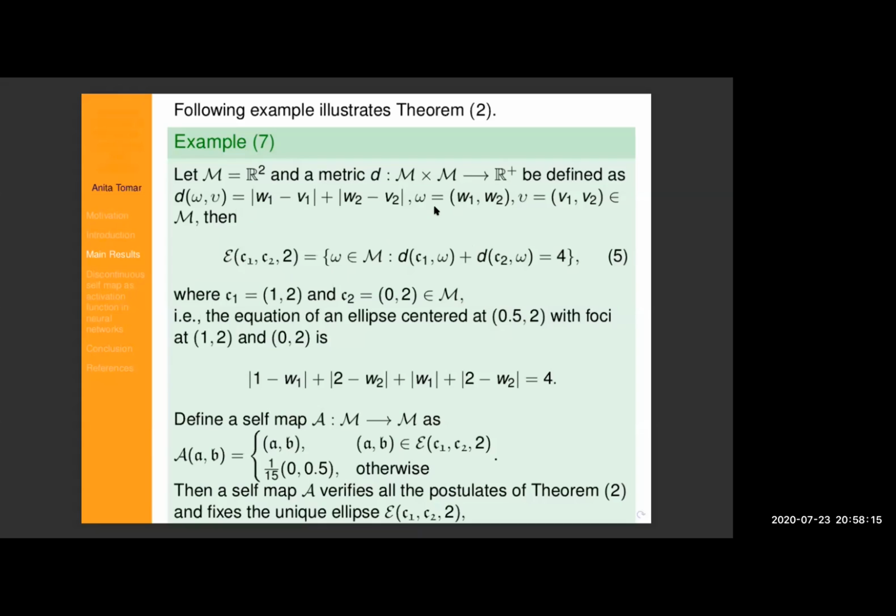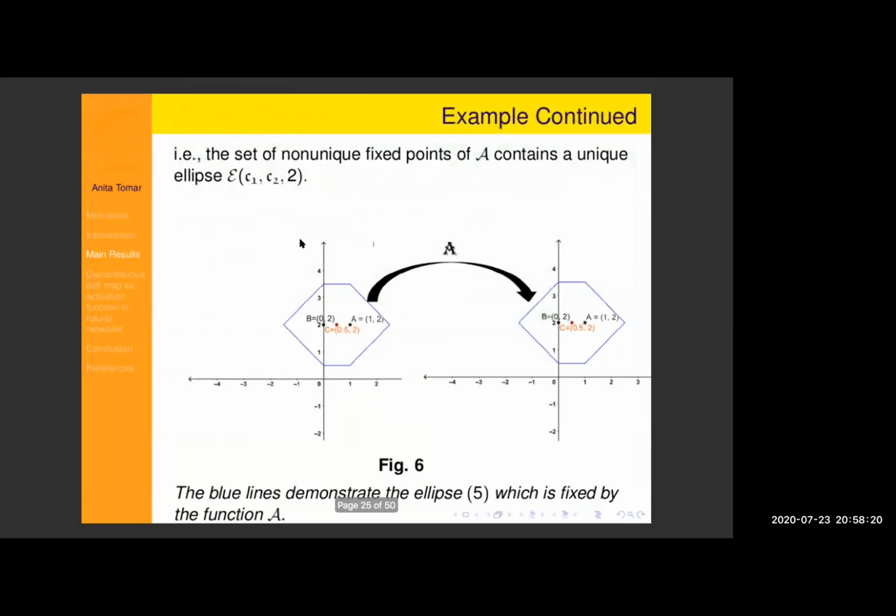In this case, the metric is defined like this and the map is defined like this. And we see that this is the shape of the ellipse, which is not the same as the ellipse in the Euclidean plane. The center of this ellipse is at (0.5, 2), and the foci are at (0, 2) and (1, 2).